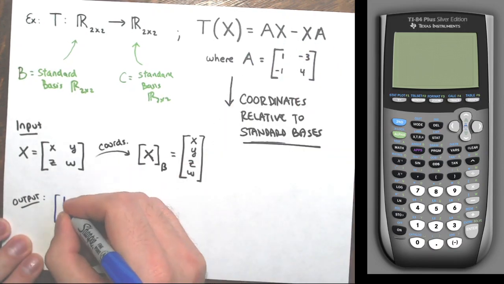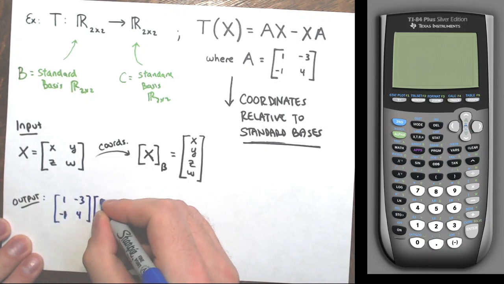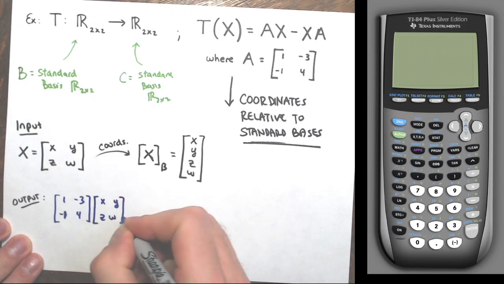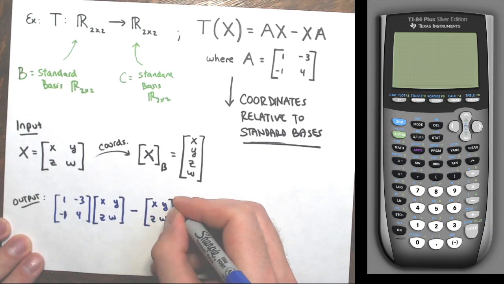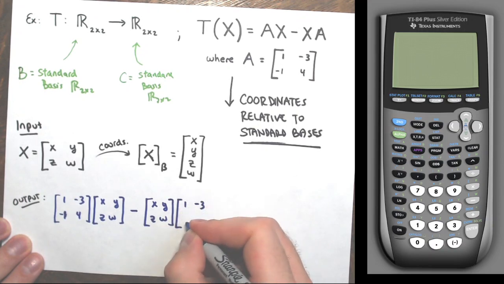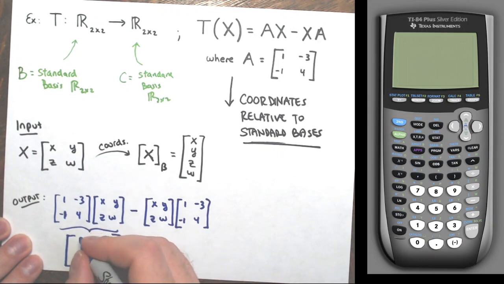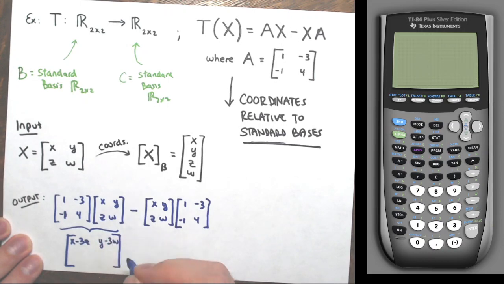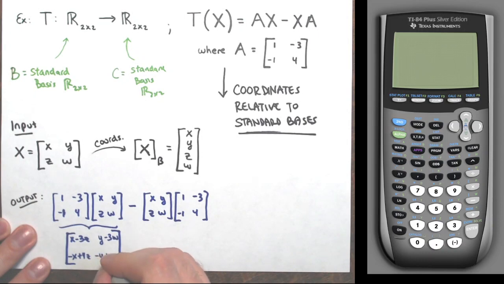A is this matrix 1, negative 3, negative 1, 4, multiplied by X, and we're subtracting from that X times A. Multiplying these gives another 2 by 2, where I have x minus 3z for the first row, first column, y minus 3w for the first row, second column, negative x plus 4z for the second row, first column, and negative y plus 4w for the second row, second column.